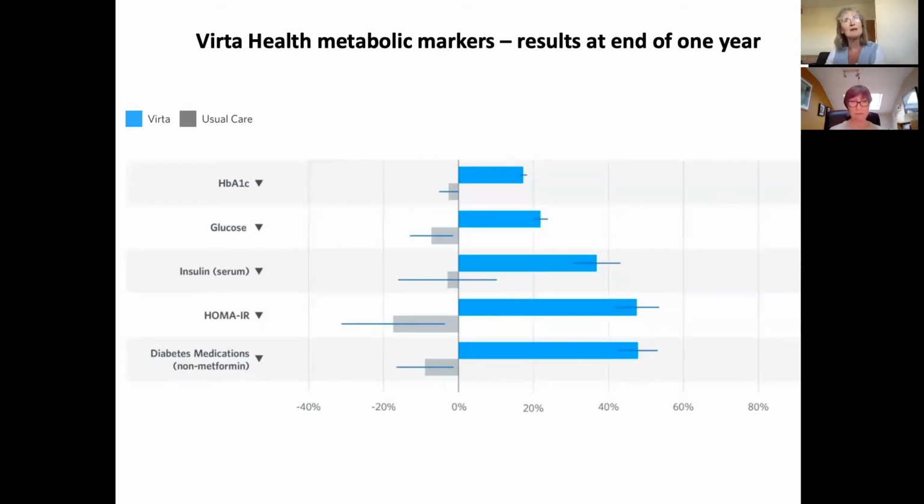So substantially better than the usual care that they would have had they not been on a very low carbohydrate diet. And the results for HDL and triglycerides were also extremely positive in the same way. So a very low carbohydrate diet seems to be very effective both for weight loss and for metabolic markers. So even more so than a low carbohydrate diet.